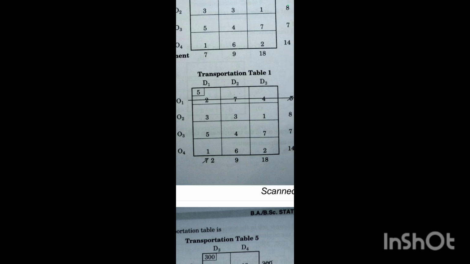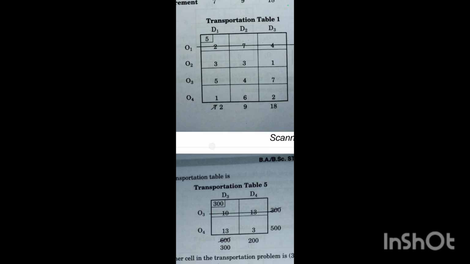Where we assigned the row, you can eliminate or delete that row, since the row should be satisfied according to the given procedure. Next, select the next northwest corner cell, that is origin 2 and destination 1.